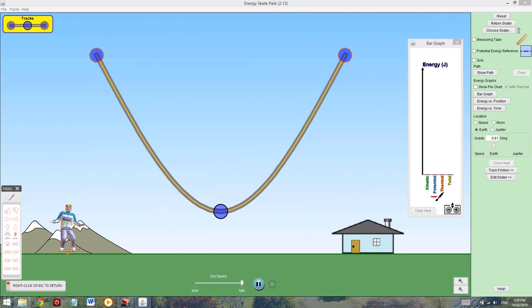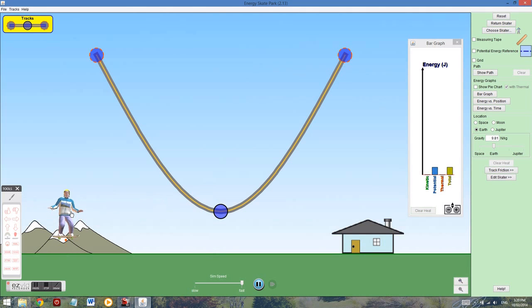Just have a look. The higher I move it, the more energy I need to apply to it against the gravity. So the more potential energy it has.